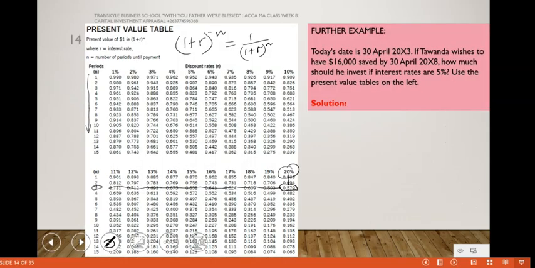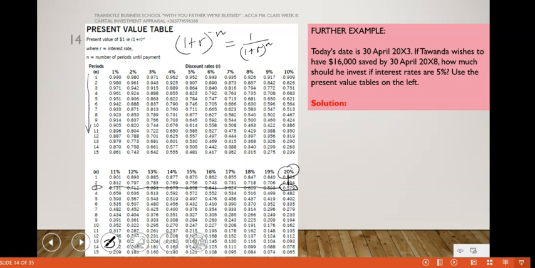Let's move on. Now, there is that particular example again. Today is April 30, 2003. If Tawanda wishes to have 16,000 saved by 30 April 20x8, how much should he invest if interest rates are 5%? Use the present value tables on the left.